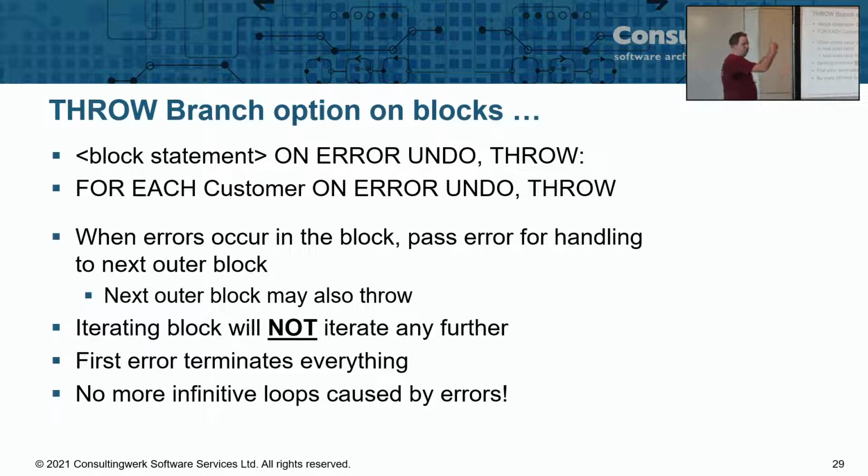And that block could throw it further until somebody cares about it. It's like a hot stone, you touch it, onto the next one, and he catches it and may not like it and throw it on. So that means if you have an unfixable runtime error in a for each block, it will not execute any further. The for each block will be terminated and the error will be thrown to the outer block.